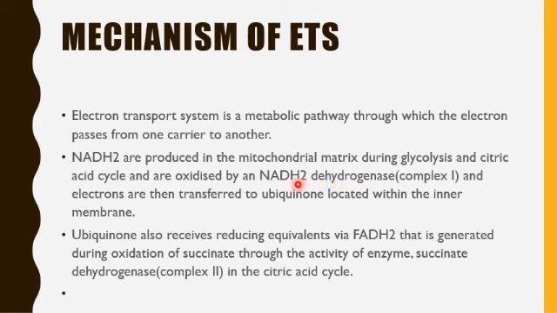Oxidized means that hydrogen ions are being released, and electrons are then transferred to ubiquinone located within the inner membrane. Ubiquinone also receives reducing equivalents via FADH2, which is generated during oxidation of succinate through the activity of the enzyme succinate dehydrogenase, that is complex 2 in the citric cycle.